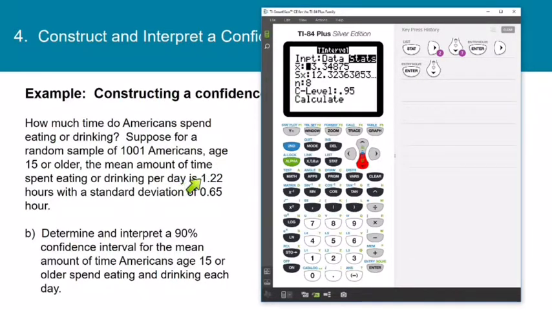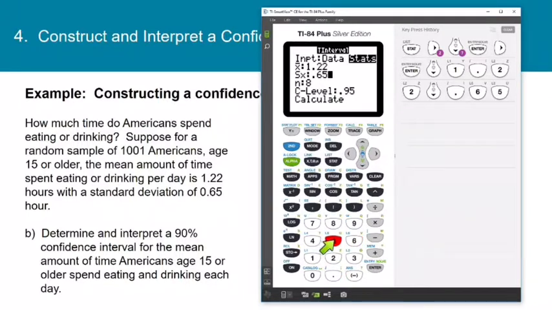But that's okay, we can just enter our own statistics. And the statistics given in the problem were X bar equals 1.22, and then arrow down, and S equals 0.65, and then arrow down again. We had 1,001 Americans in the sample, so 1,001, and arrow down again.